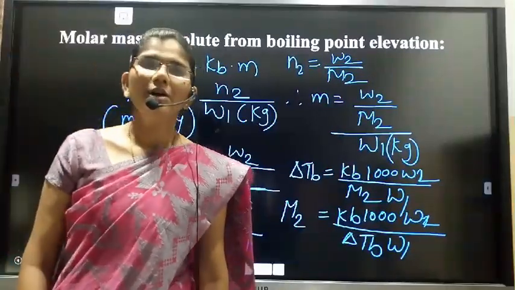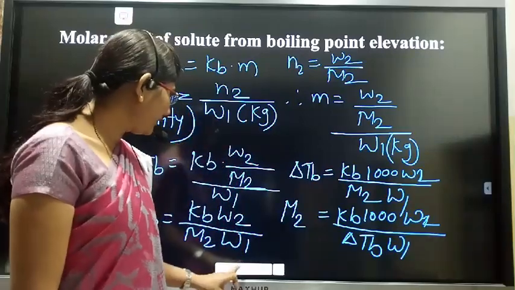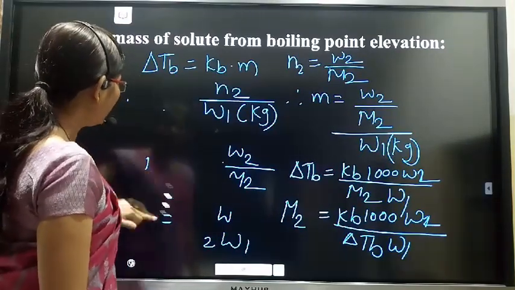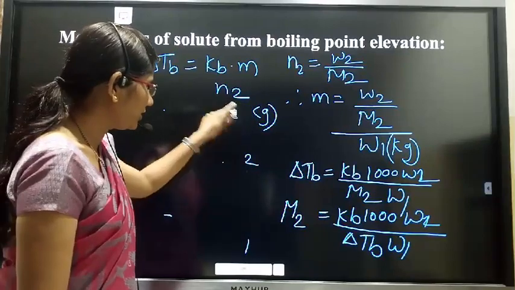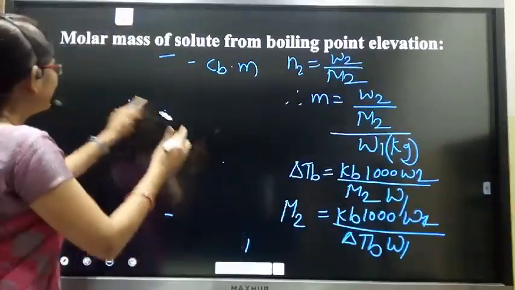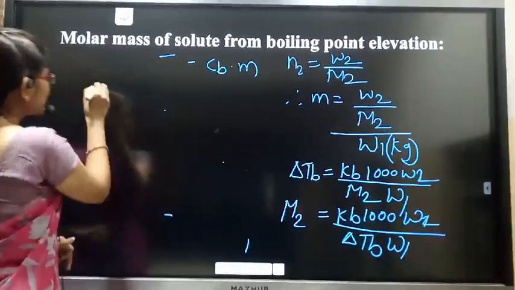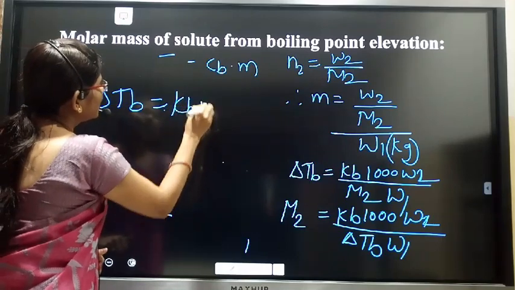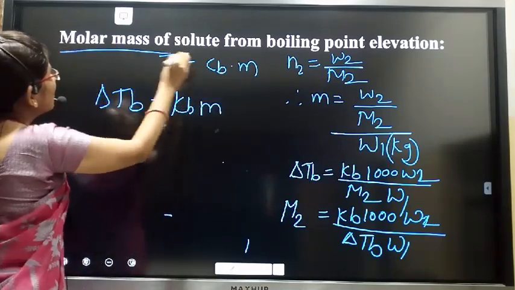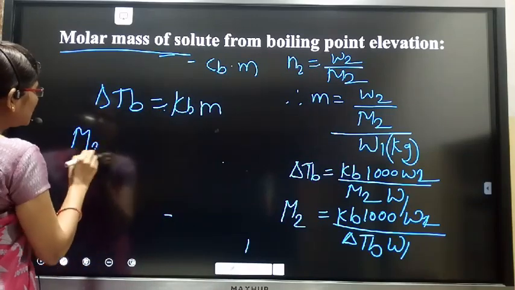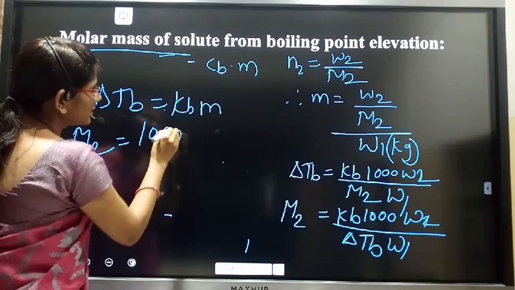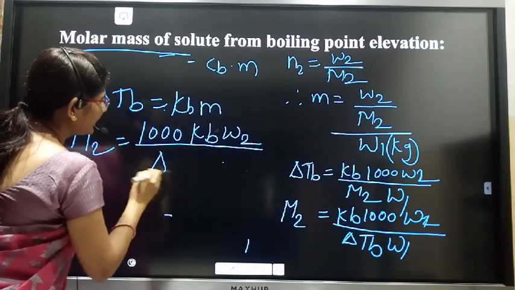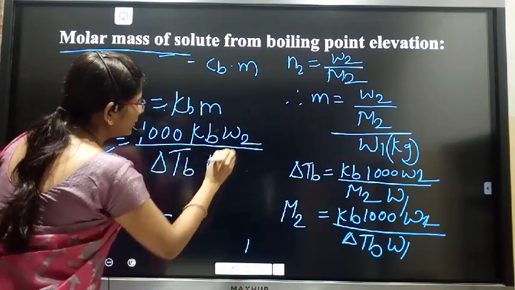So dear student, in today's lecture we have completed our second colligative property, the elevation in boiling point. Here we have considered delta Tb, which is equal to Kb into m, and it is related with the molar mass as M2, which is equal to 1000 Kb W2 divided by delta Tb W1.